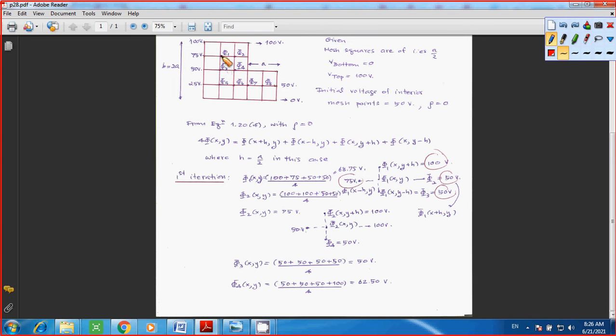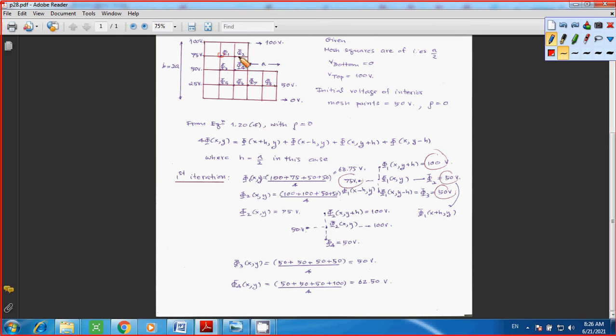To average, you have phi 1 equal to 100 plus 75 plus phi 2, phi 3 plus phi 2 divided by 4. That's going to be the first equation.